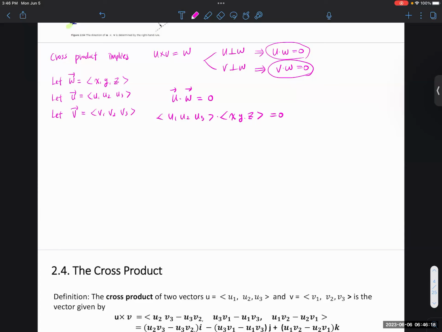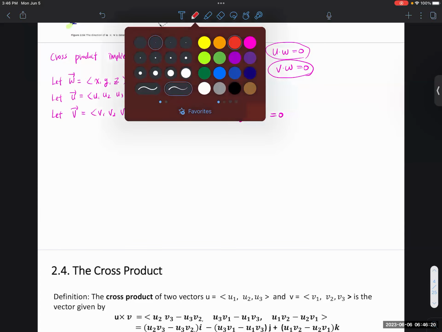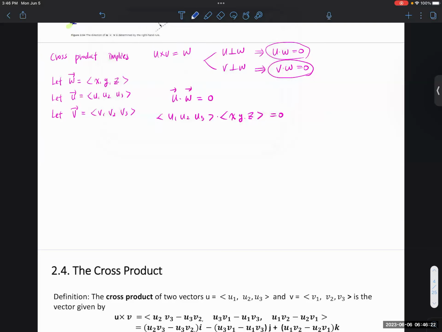So this is the cross product. I'm gonna highlight it. So what does it mean? U1 times X plus U2 times Y plus U3 times Z equal to 0. So we have one equation just found out.